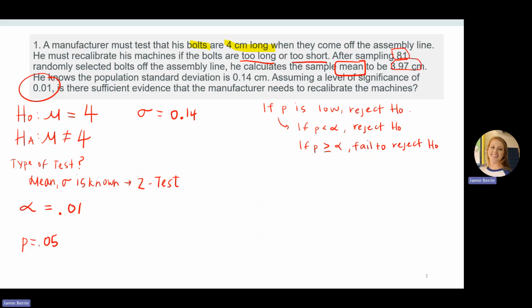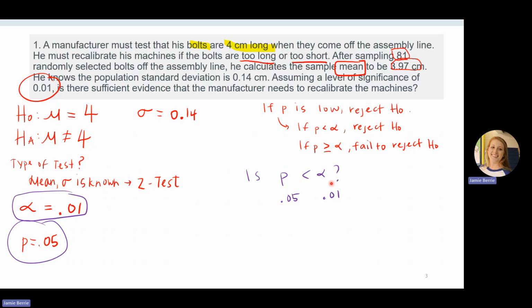Okay, so let's compare our p-value and our alpha value. Is p less than alpha? So remember, p is 0.05, alpha is 0.01. Sometimes people struggle with these. If you haven't compared decimals in a while, you might be a little rusty.